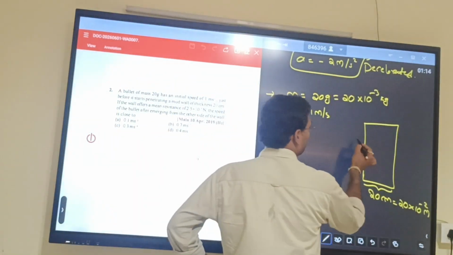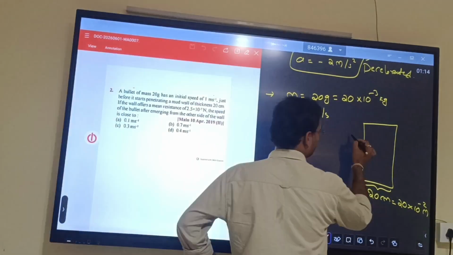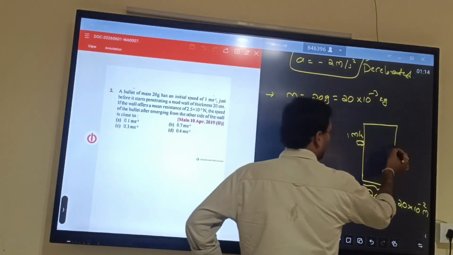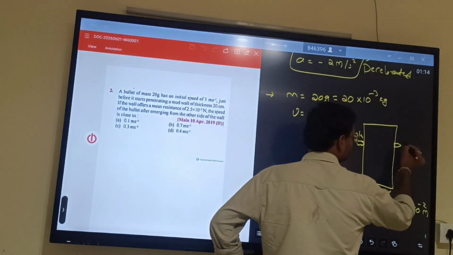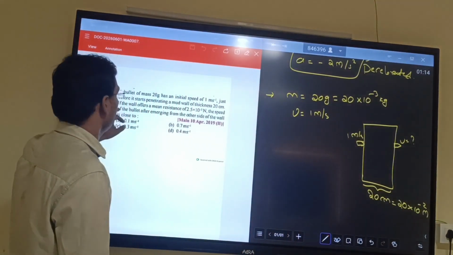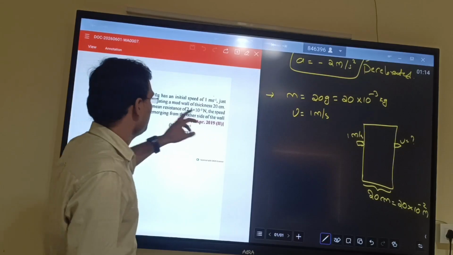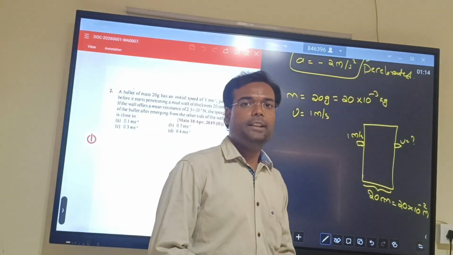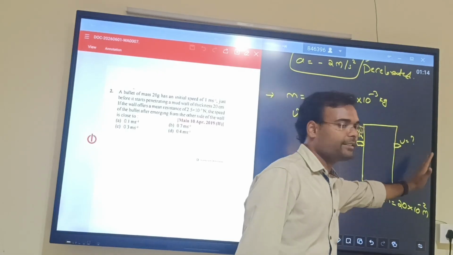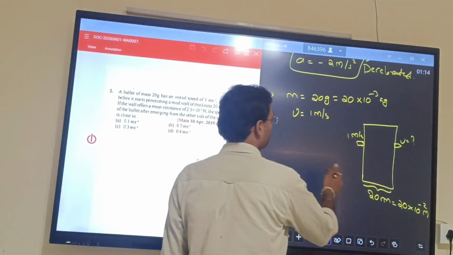Now when the bullet is entering, its velocity is 1 meter per second. After piercing through, what will be the velocity when it comes outside? The speed of the bullet after emerging from the other side of the wall is close to, so we are going to find the velocity after the bullet pierces through the mud wall.